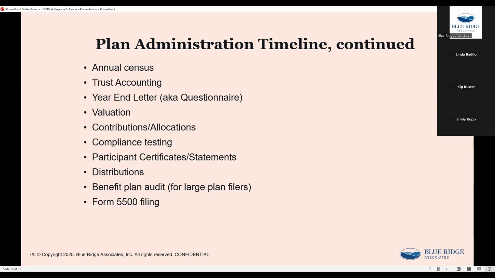So while the company is closing their books for the year and getting the financials over to the accounting and audit teams, we'll be collecting from you your annual census file, any trust statements for the year, whether those are preliminary trust statements or bank statements for the ESOP, as well as the year-end letter questionnaire.